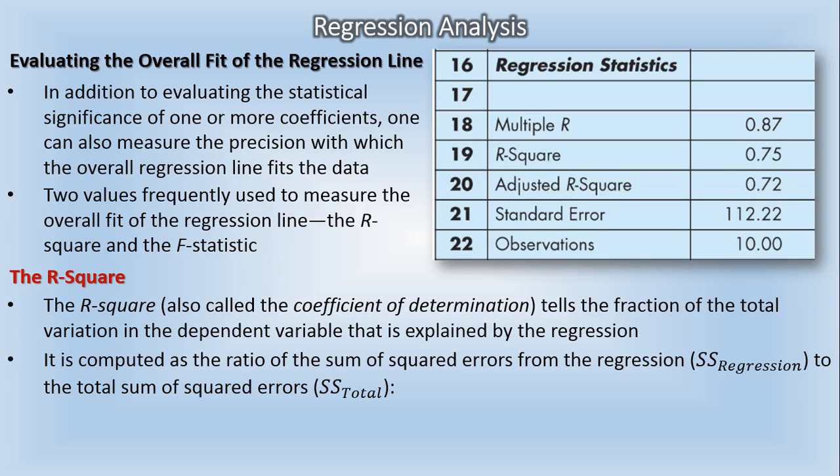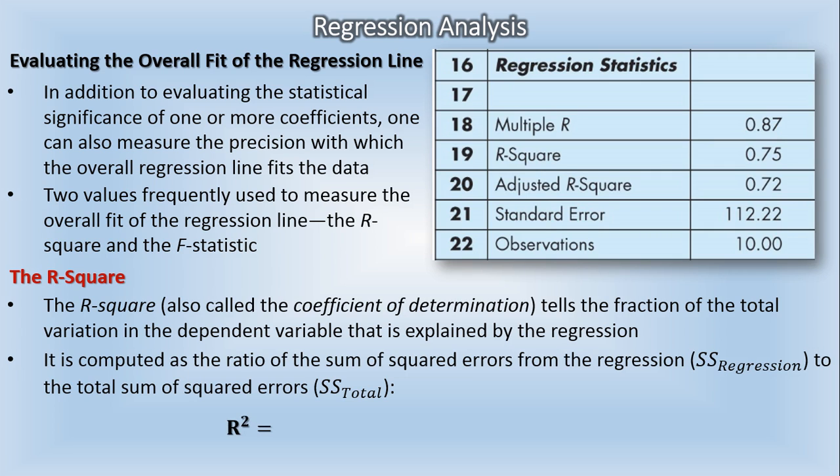We can also use our estimated line, plug in our prices, see what the estimated line tells us the quantity demanded should be, get an average of that, and see how much all the points are deviating from that. That is the squared errors from the regression. So that's the variation, the sum of squared errors from the regression. That's how much variation the model is predicting. And then the total sum of squared deviations is the actual variation that we see in the data.